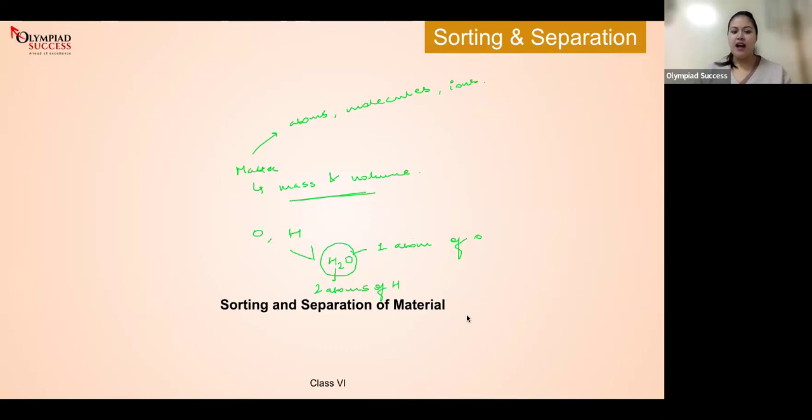Okay. Now, understand this, no need to copy anything. Just sit back, relax, and see what I'm telling you. Atoms are made up of certain subatomic particles. Subatomic particles mean that inside the atom we have small little particles.